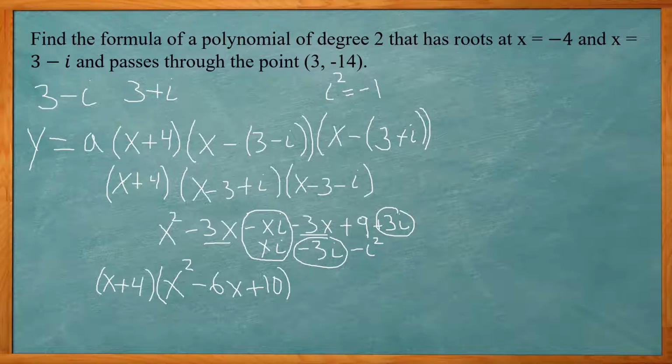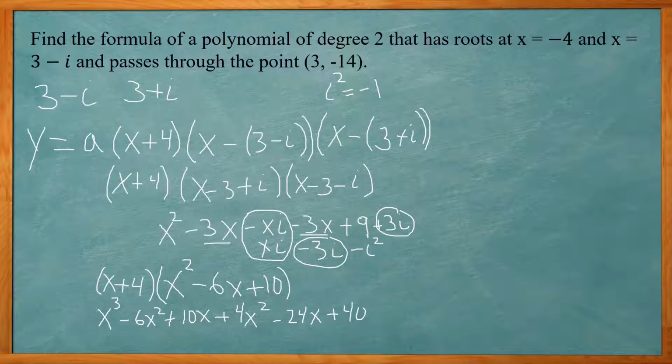And multiply that out. So x times x squared is x to the third. And then x times negative 6x gives you negative 6x squared. x times 10 is 10x. 4 times x squared is 4x squared. 4 times negative 6x is negative 24x. And 4 times 10 is 40.